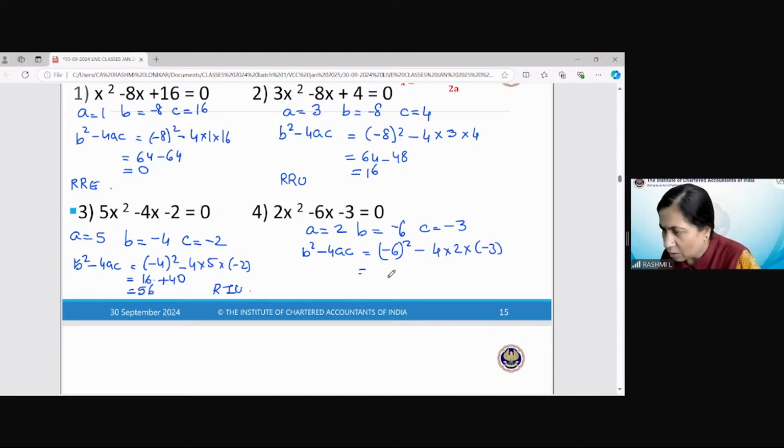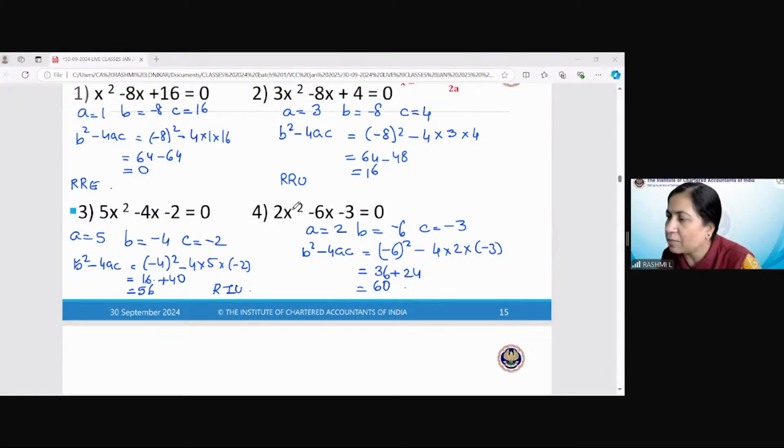This is equal to 36, minus 4, this is plus 12, 12 twos are 24. So this is equal to 60. Similarly, we have real, irrational, and unequal. Okay. Yes, very good.